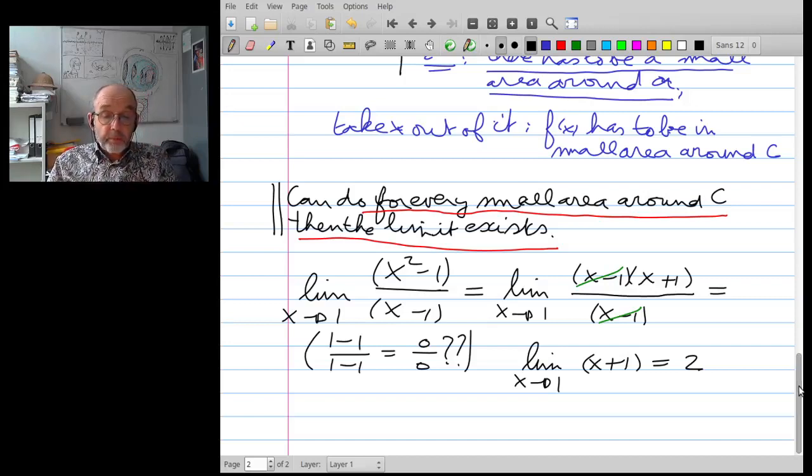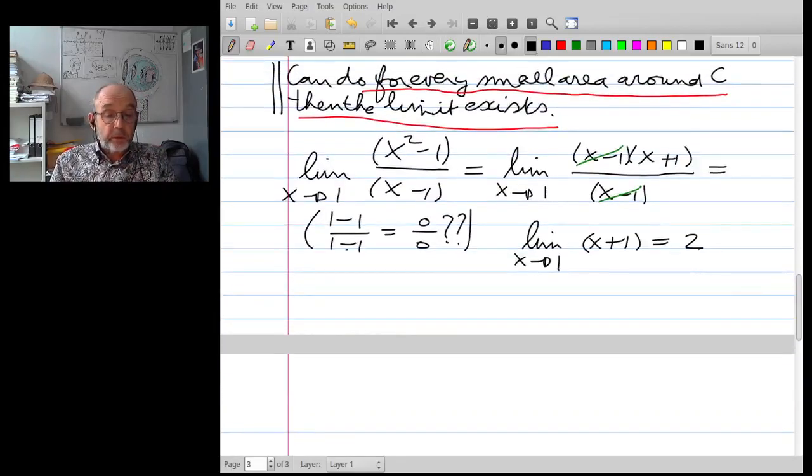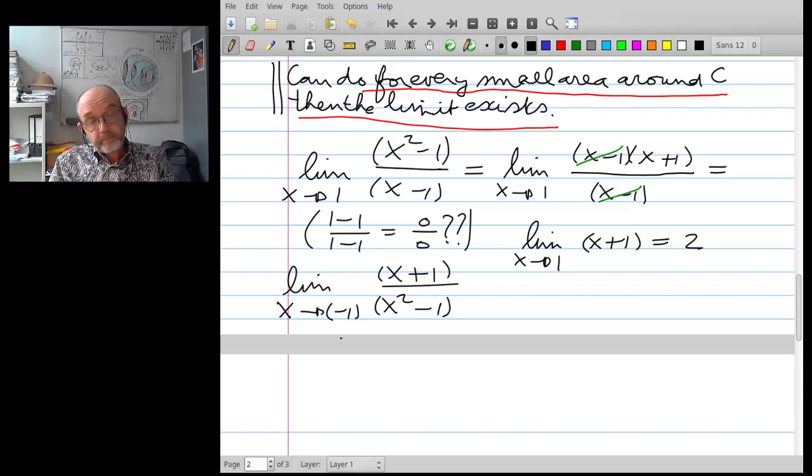Now maybe we can also do another one. The limit for x going to minus 1 of (x plus 1) divided by (x squared minus 1). Fill in minus 1, that I should always do first, and look if something comes out of it.